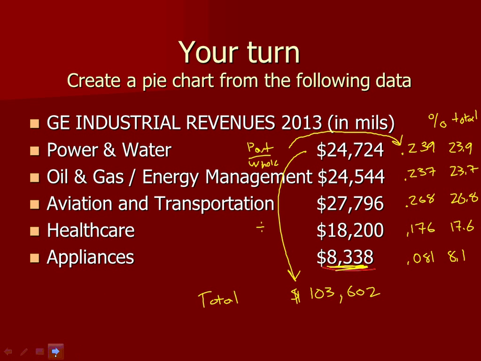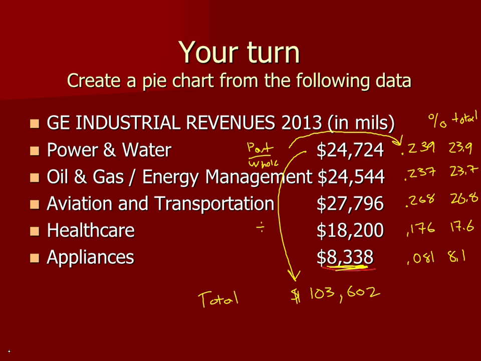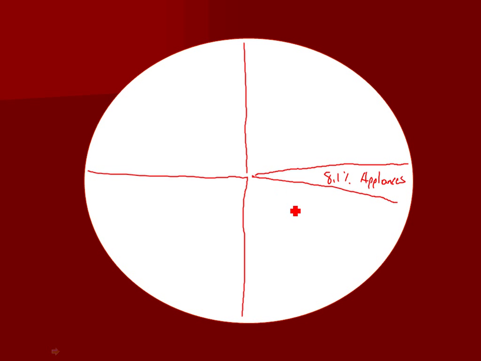It's almost like 75% is taken up by 3 different items, and then we'll have a lonely little 8.1%, which is appliances. Our largest is aviation and transportation, 26.8. What looks like 26. I don't know if I found one. Maybe this one.